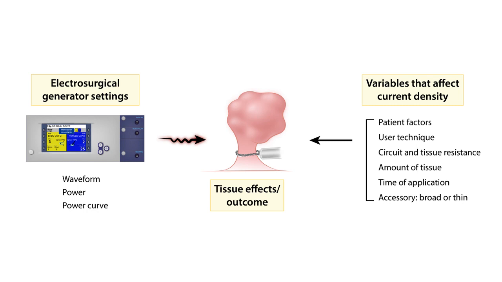In the electrosurgery generator, the type of waveform, the power, and the power curve utilized, and on the other hand, patient factors, whether somebody is thin or obese, the type of technique utilized, the resistance of the tissue and the circuit, the amount of tissue that is grasped, and the time of application or the duration of application of current, and the type of device, whether it's thin or thick, all these variables affect the final tissue outcome.